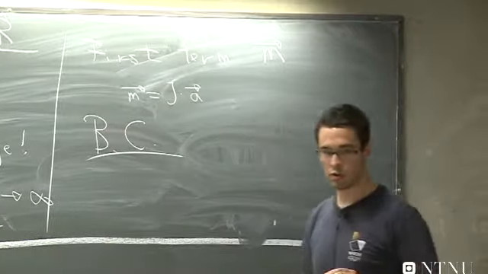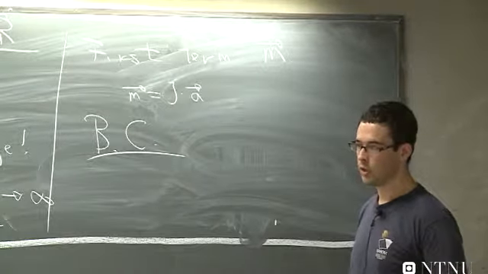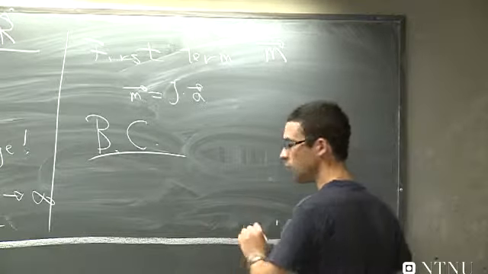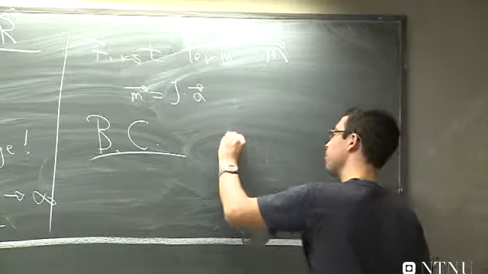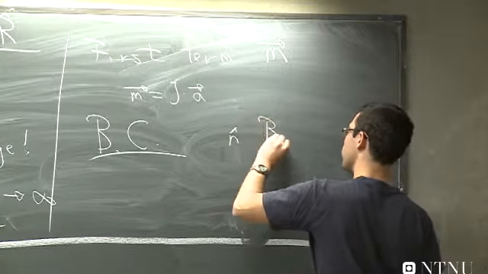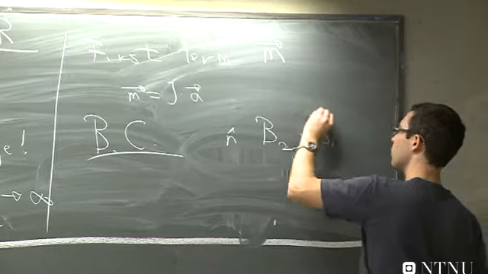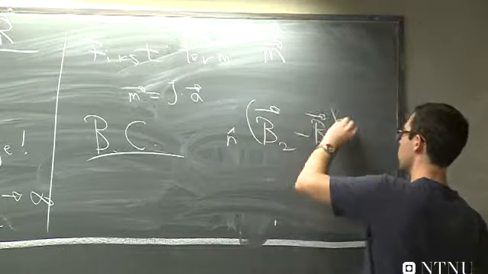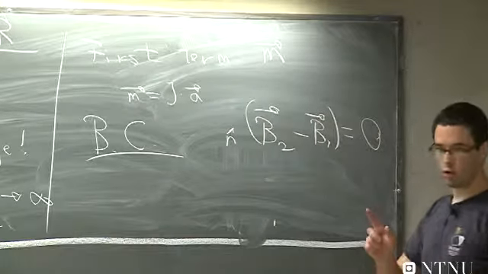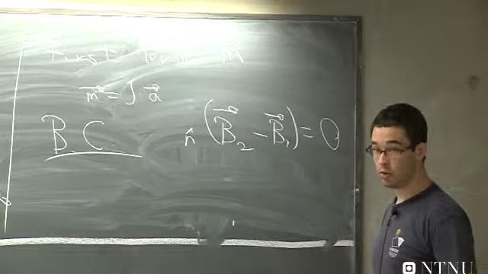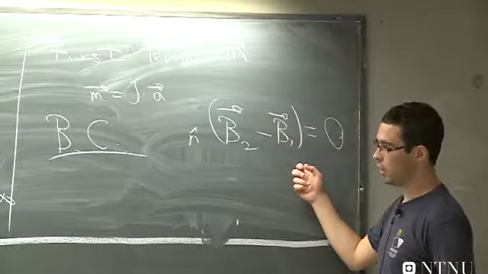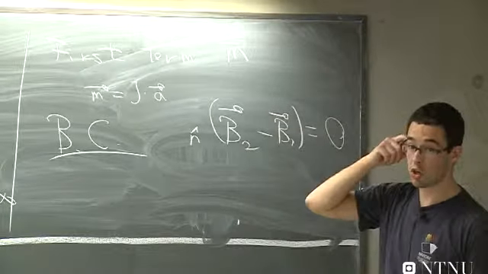The boundary conditions are of course important. They should definitely be here. So the vertical component of the B field is continuous. This was from the Gauss law, right? There's no magnetic charge.